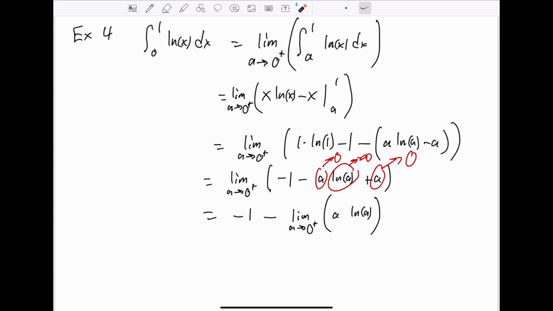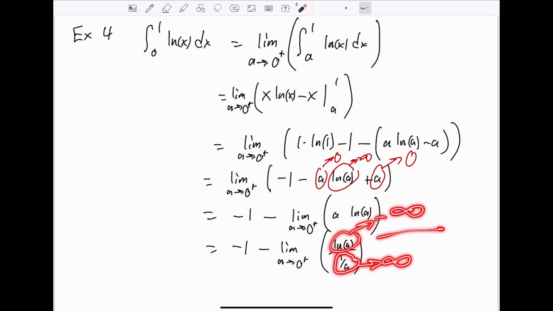I think it will be most useful to get infinity over infinity, so I'm going to rewrite into a more workable form. I will write this as natural log of a divided by 1 over a. This is equivalent, but now I have natural log of a going off to infinity, and as a goes to 0, 1 over a also goes to infinity.